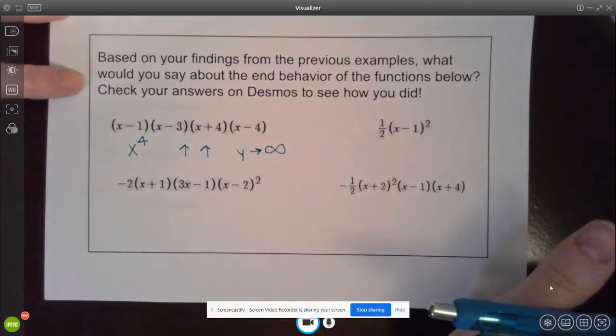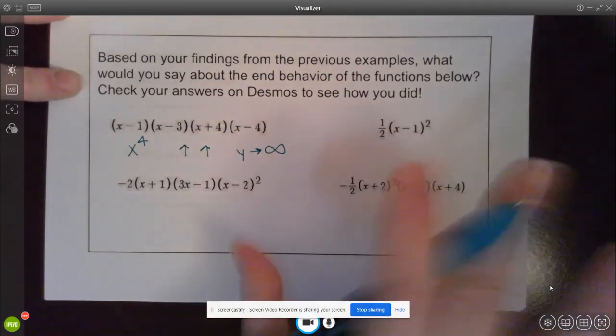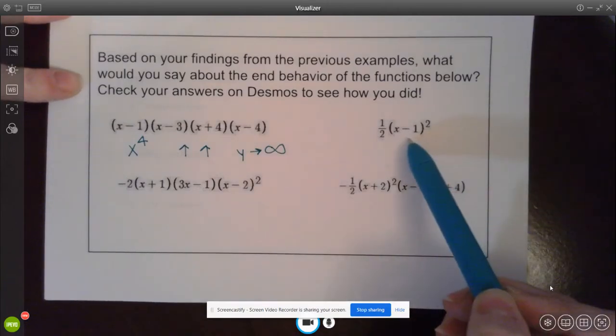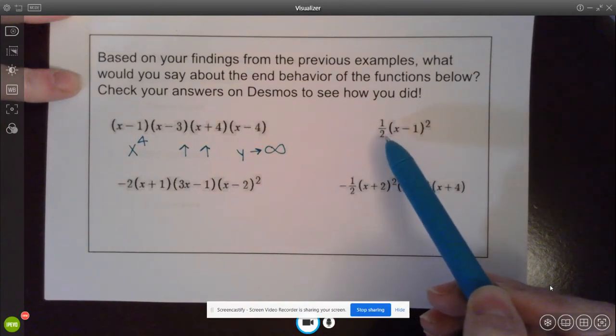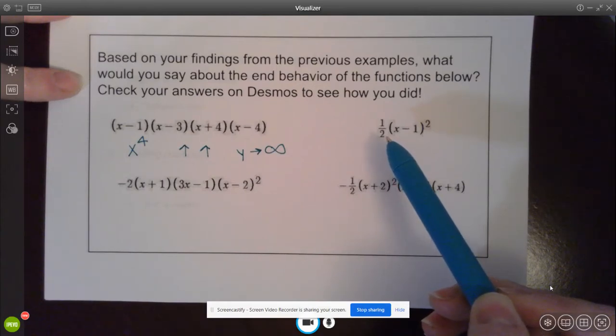We're going to work in a minute on writing this more concretely, but right now we're just going to get a general idea. Here, yes, I have a coefficient of 1/2, but that's going to either stretch my graph vertically or stretch my graph horizontally. That's not going to change what direction my arrows are heading.